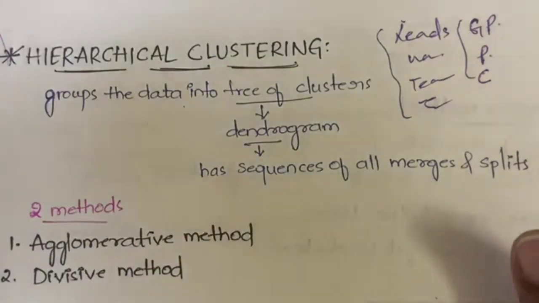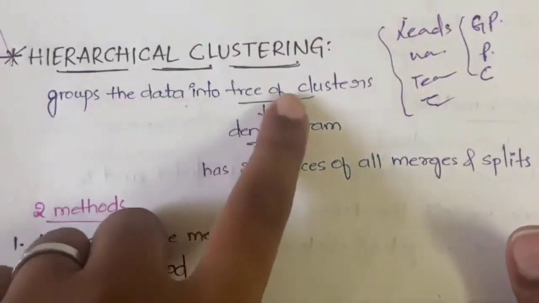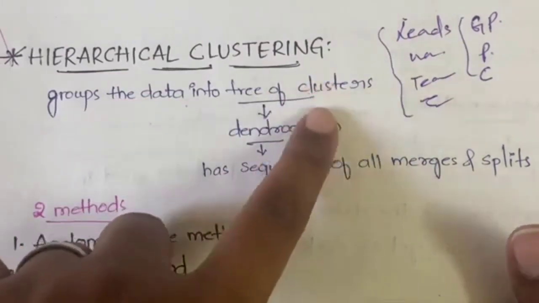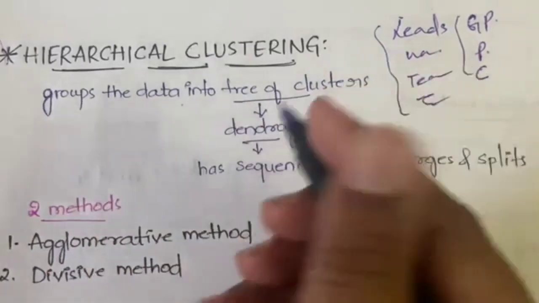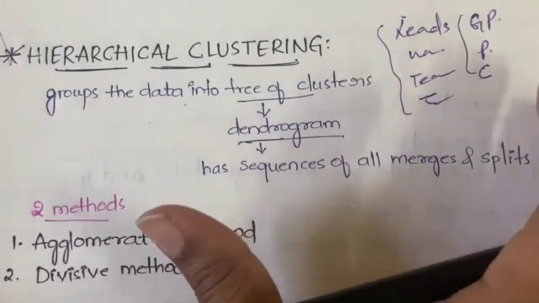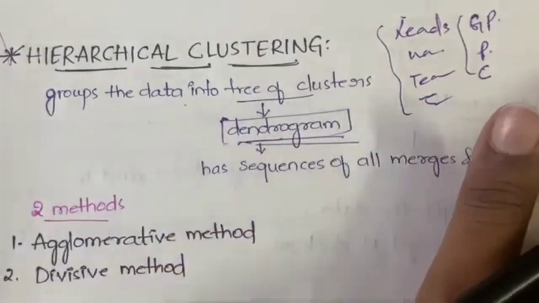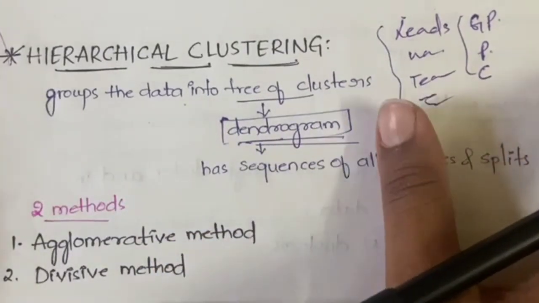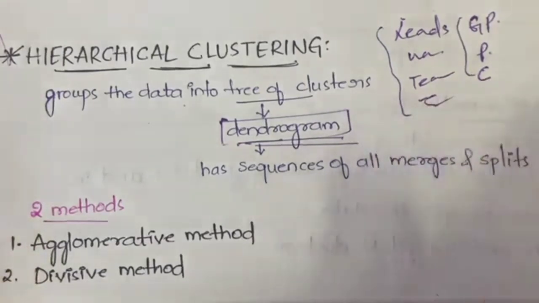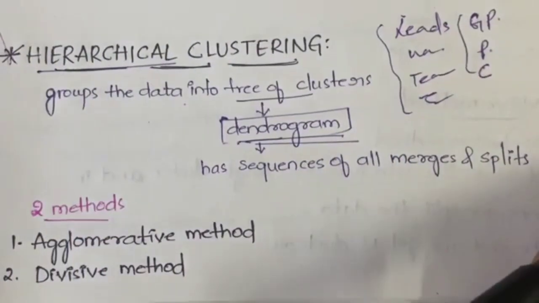So in hierarchical clustering, we group the data into a tree of clusters using a dendrogram. So you are already classifying the data in hierarchical clustering, using a tree structure.